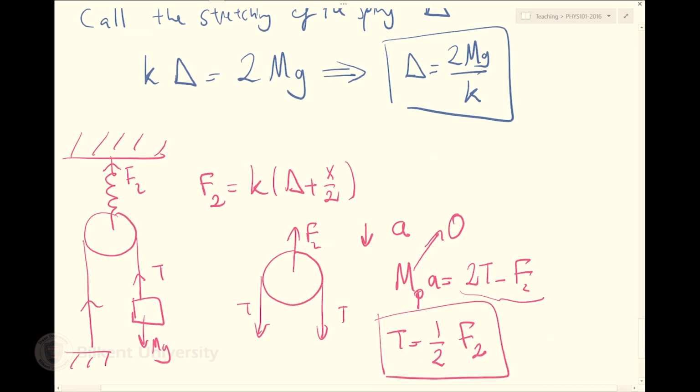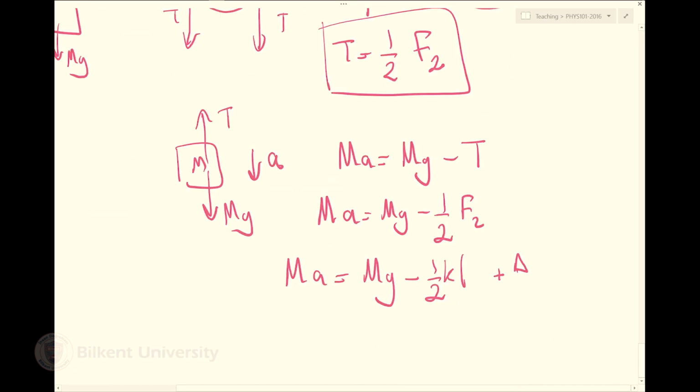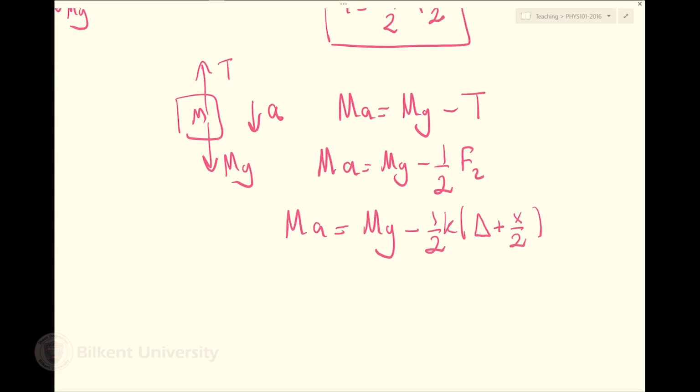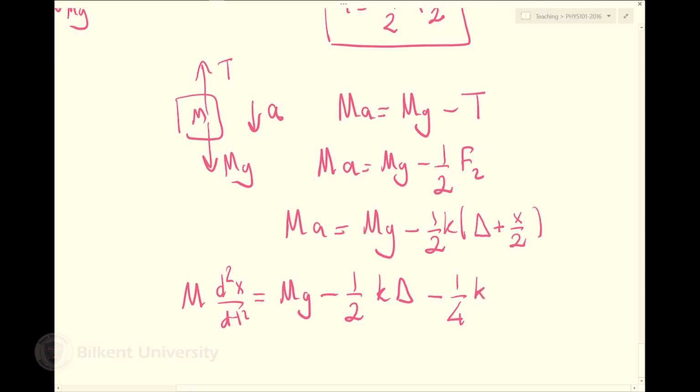Okay? Now, m times d squared x dt squared is mg minus 1/2 k delta minus 1/4 k x. Okay?